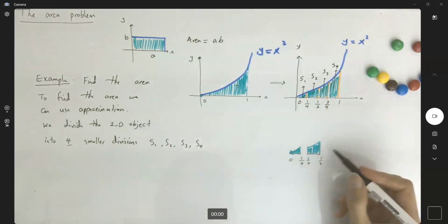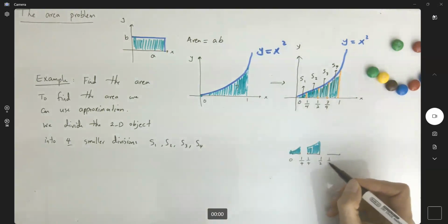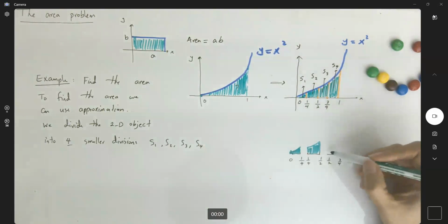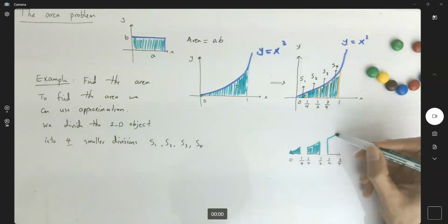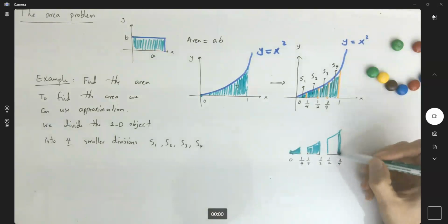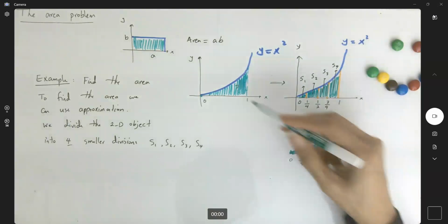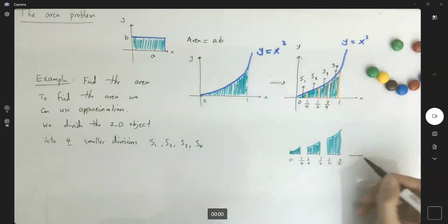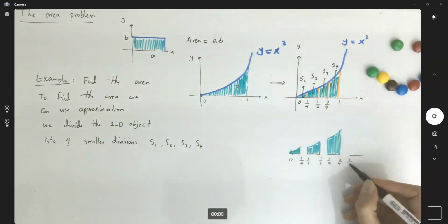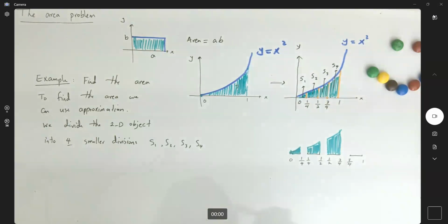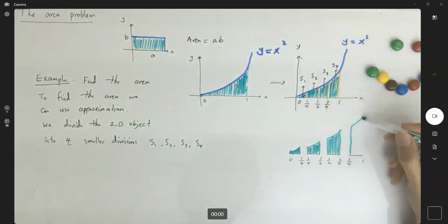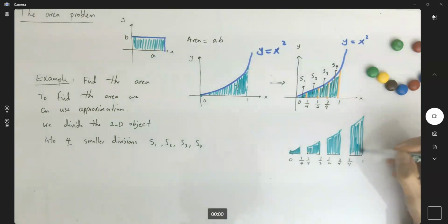Between 1/2 and 3/4, and then 3/4 to 1, this is my last piece. I add these together to get an approximation for this whole area. This is the very old-fashioned method to approximate the area of objects.